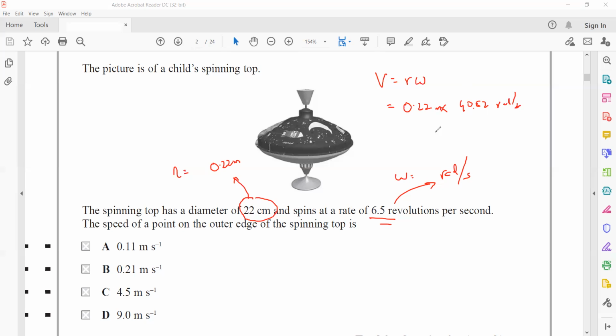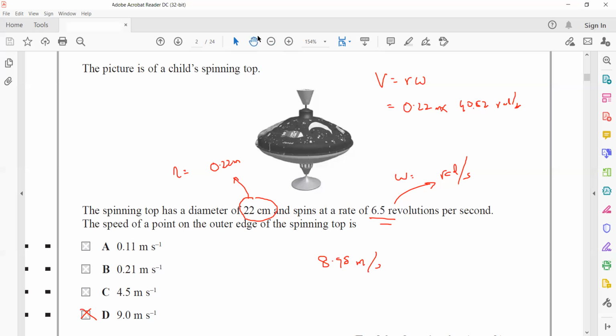So when we multiply by 0.22, that is equal to 8.98 meter per second. So 8.98 is approximately equal to 9, so D will be the right answer for this question.